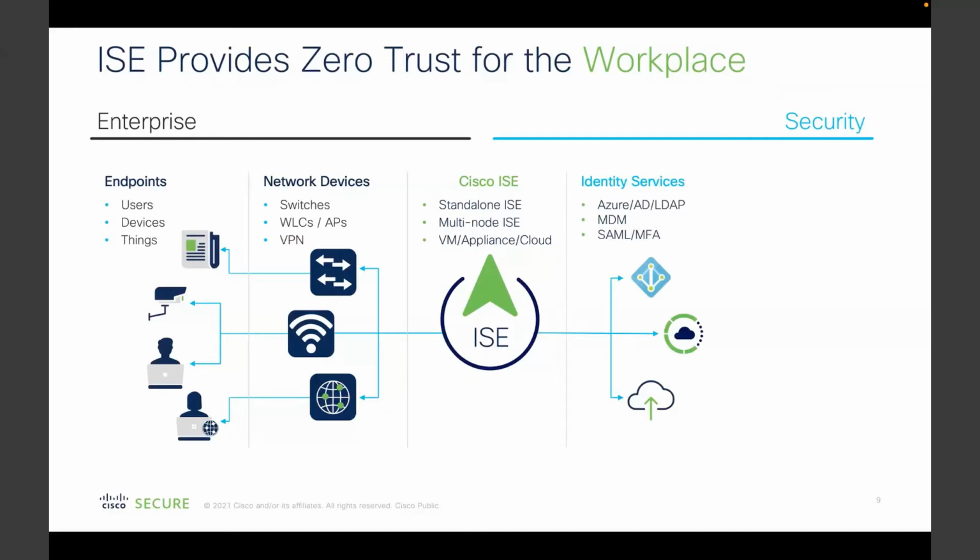And that allows us to ensure that it's one of our trusted users and devices that are accessing the network. Or maybe if it's not, maybe it's just a guest. Either way, we're able to differentiate the level of access that we want to provide them to our network.